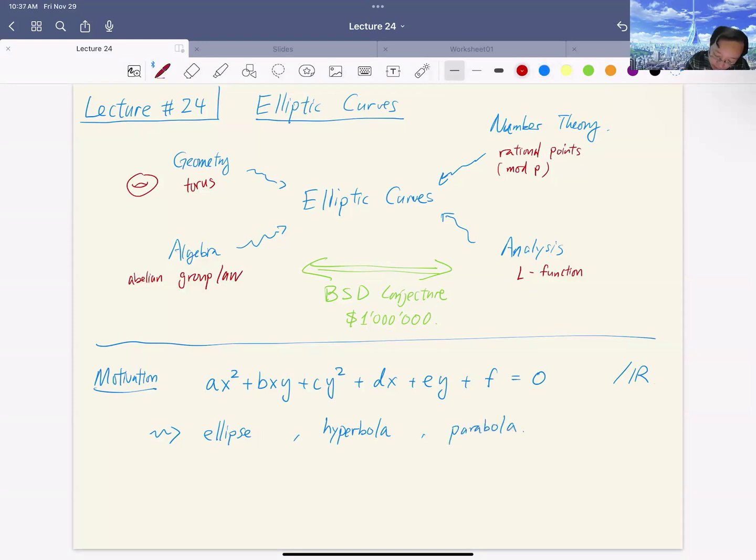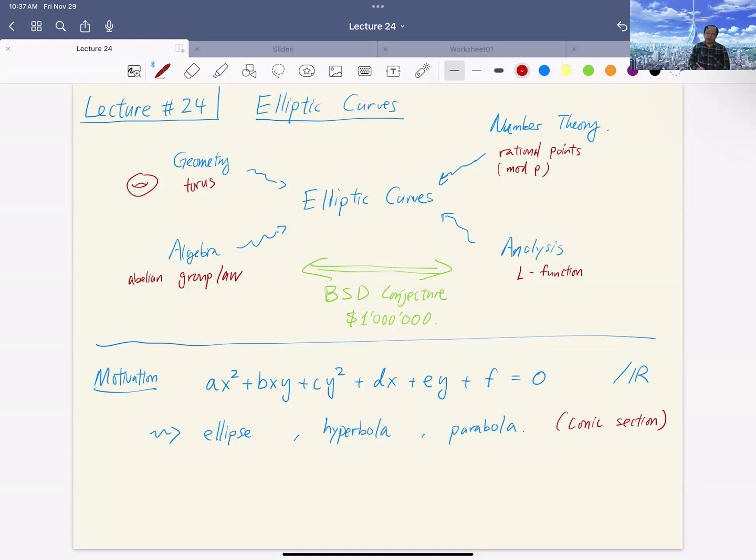These are known as the conic sections. Everyone should know this, I guess, from high school. A circle is a special case of an ellipse, so I don't write circle. Circles are ellipses with the same coefficient on x squared and y squared. And you can rescale x and y, which is one kind of change of variables, so you can turn ellipses into circles also.